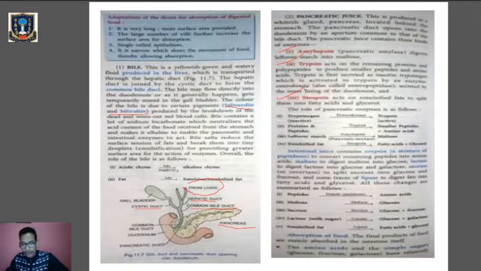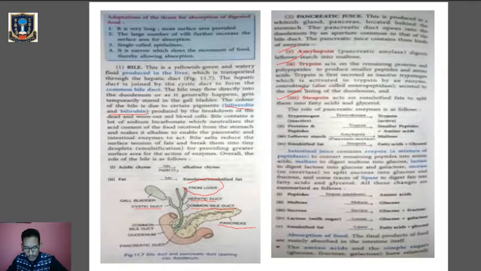Sorry for the figure, you can go to page number 110 also. Okay, so amylopsin will digest the leftover starch into maltose. Generally, in the mouth, the saliva contains the enzyme called salivary amylase that will convert the starch into maltose. Clear? But the leftover starch will change into maltose by the help of amylopsin.